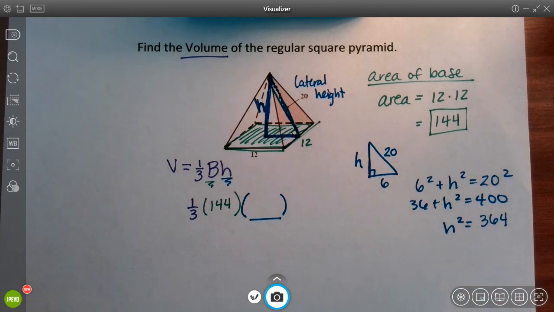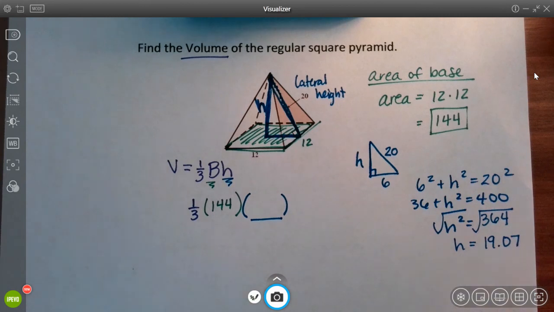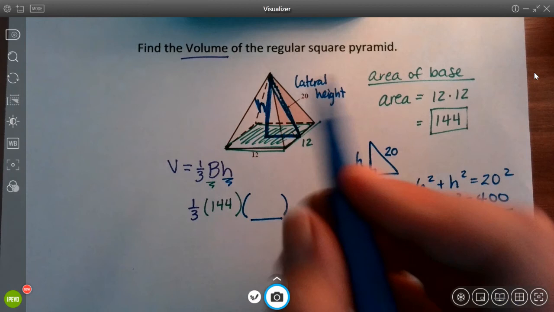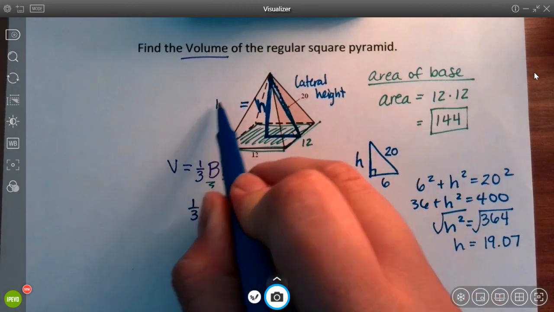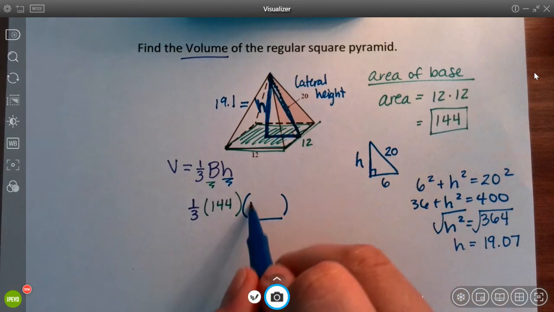That's 364. Take the square root of both sides, and that gives you a height of approximately 19.07. You can write 19.1, anything like that. That's the height.